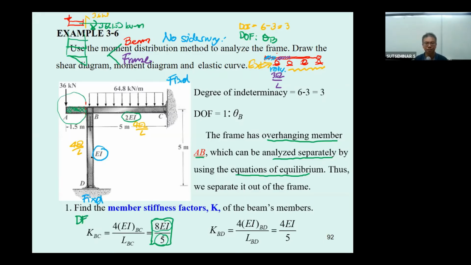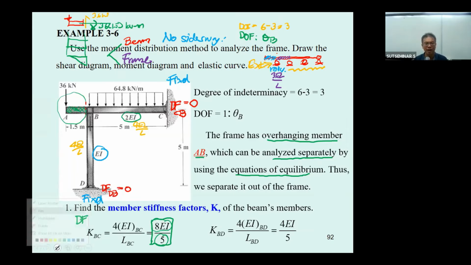So we come to the next one, the distribution factor. Since this one is C, it's going to be distribution factor CB. Since this is fixed, this one is going to have a distribution factor of 0. And this one will have distribution factor DB, and again, this is going to be 0.